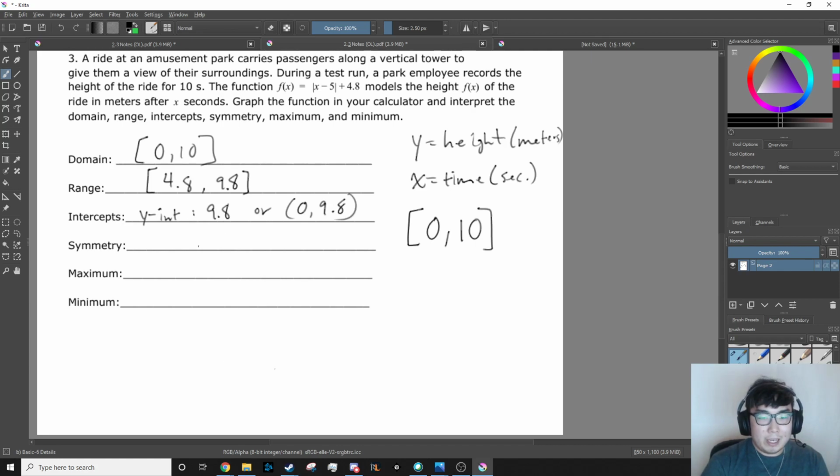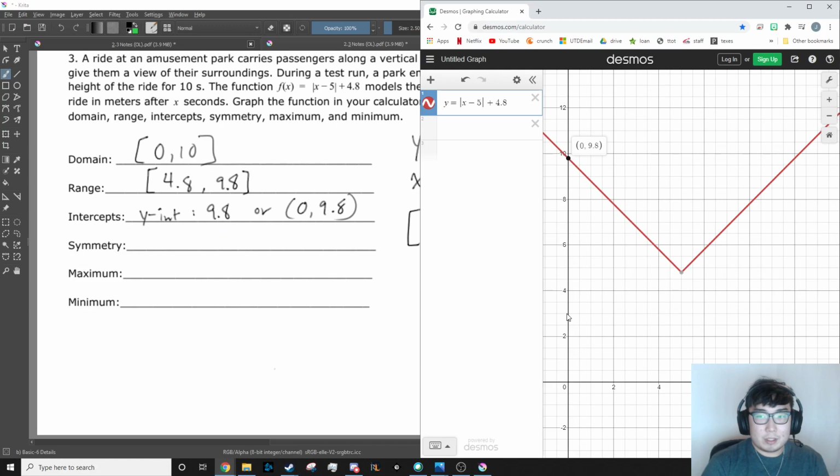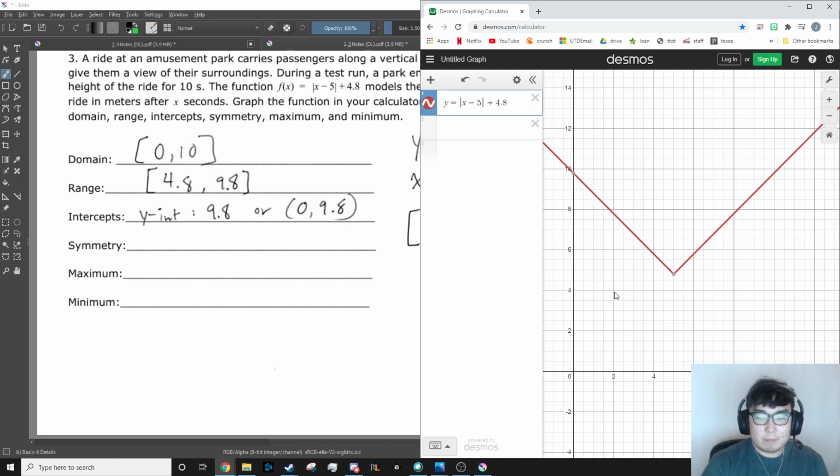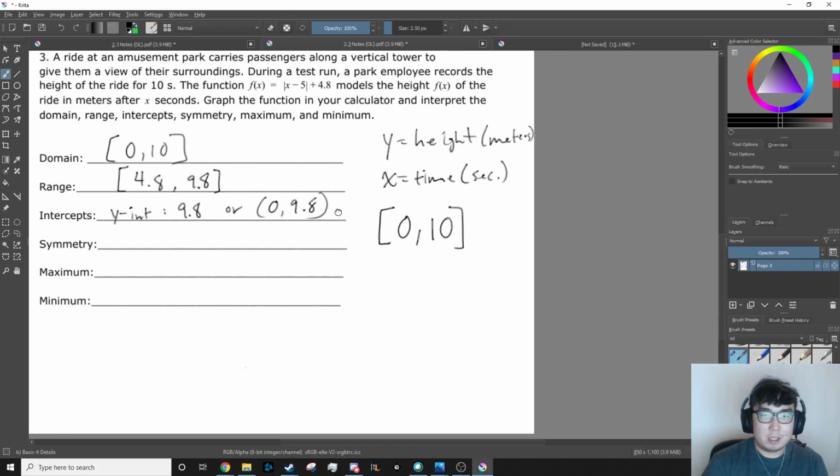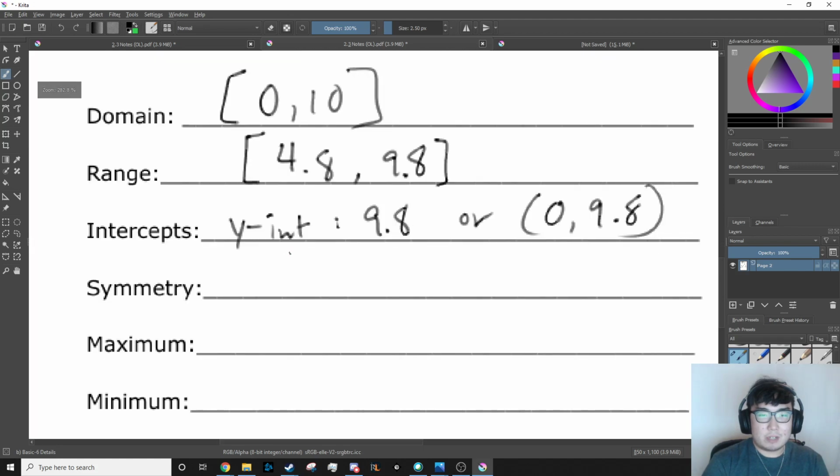But what about my x-axis, or my x-intercept? Do I ever touch my x-axis? No. So I don't have any x-intercepts. So I'm just not going to write it. I'm not going to even mention it. But if you have anxiety, then you can just write no x-intercept, just in case you're like, Mr. Hong might not know that I just didn't answer the question because I knew that there was no intercept. That's fair. So you can write that down.